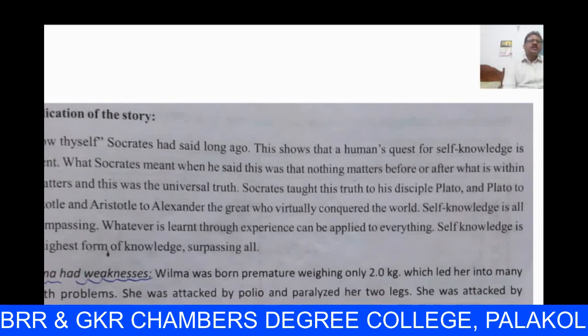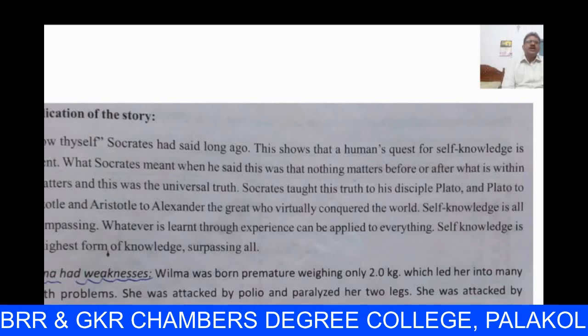This shows that the human quest for self knowledge is ancient. Human beings have been searching for knowledge from our ancient days. They have some quest. What Socrates meant when he said this was that nothing matters before or after. What is within is what matters.